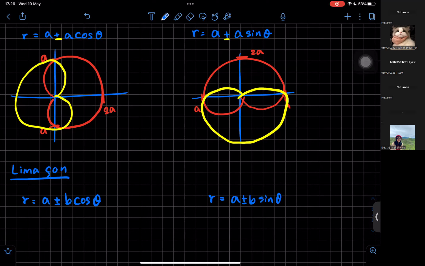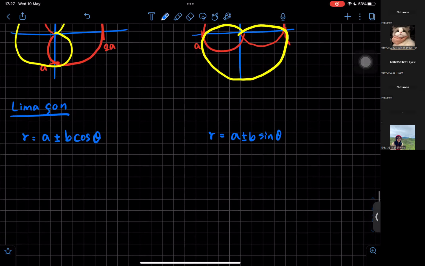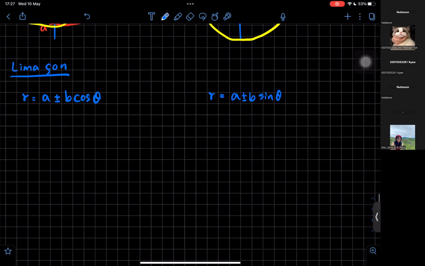There will be like this one. They have two types. Let me just draw first.